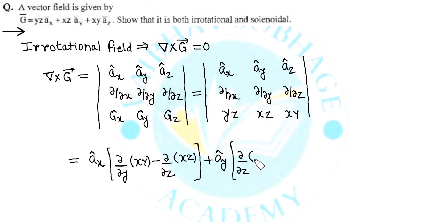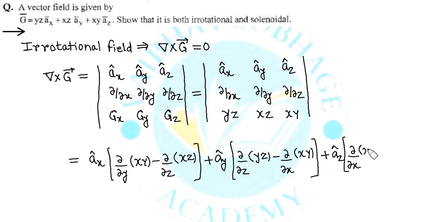d by dz of this yz minus d by dx of this xy, then plus az component, then this d by dx of this xz minus d by dy of this yz.